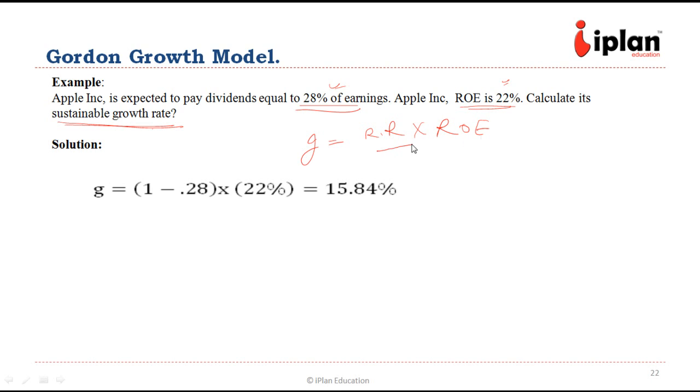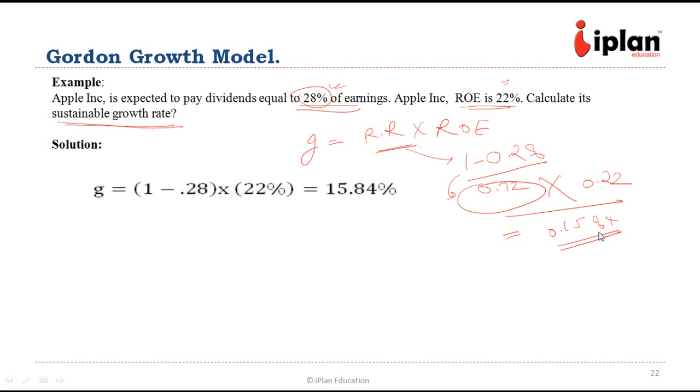And the retention rate is 1 minus dividend payout ratio. So if the dividend payment is 28% of earnings, retention rate is 1 minus 0.28, which is 0.72, into return on equity, which is given to be 22%, so 0.22, that will give us 0.1584. So it is 15.84%. That is our growth rate of dividend.